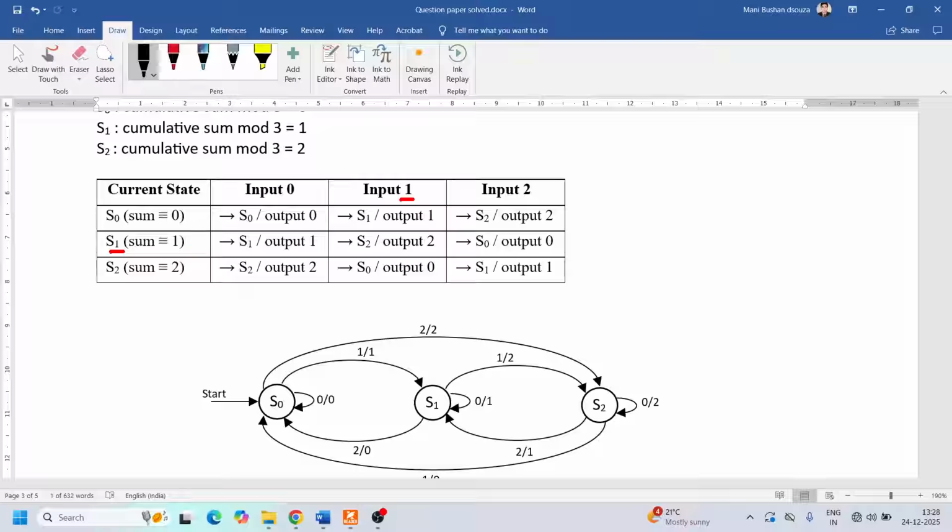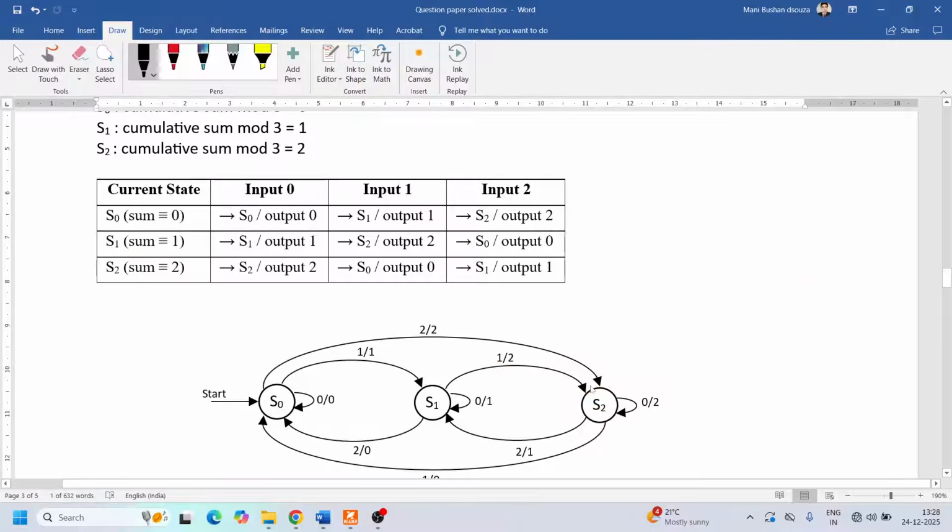So 1 plus 1 divided by 3, that is 2 by 3, and you know very well the remainder is 2, that means you are in the S2 state. So in S1, you give 1 as input, the output will be 2 and you will be in the S2 state.